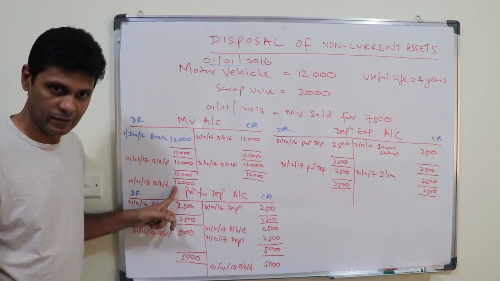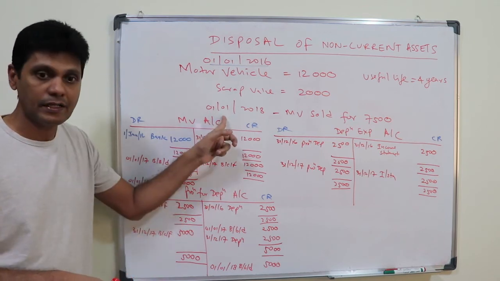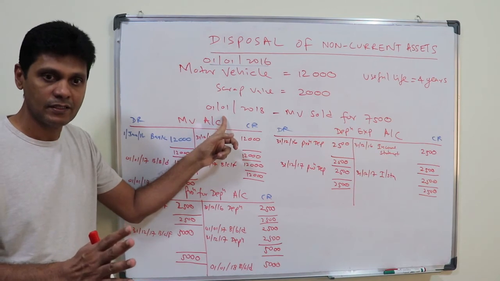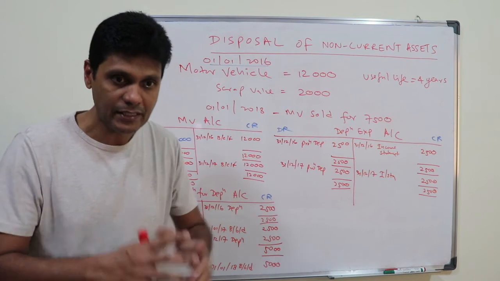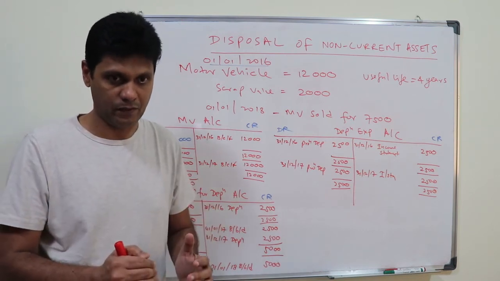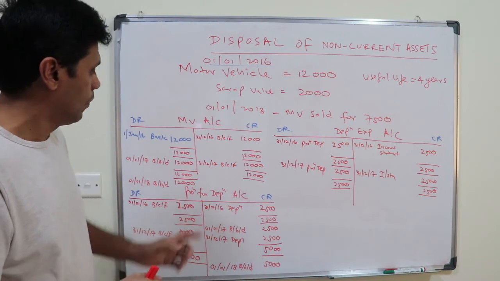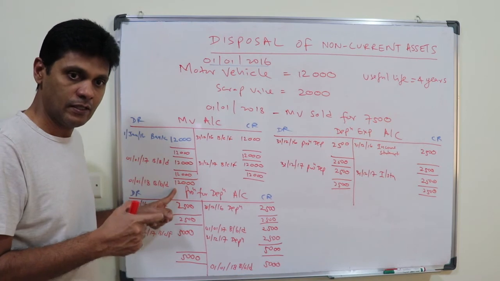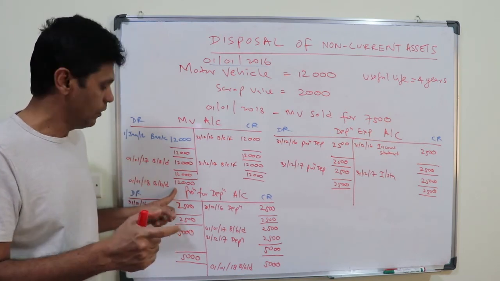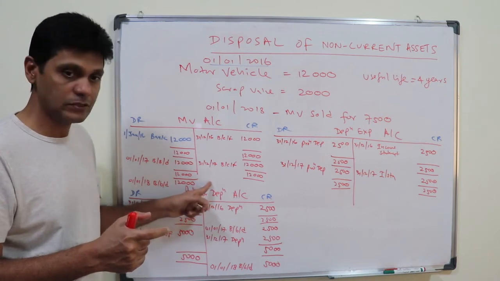There is no more asset on this particular date. You sold the asset. You got it? So how will you record that? There are certain steps. First of all, we need to make this motor vehicle asset account zero. We need to remove this account.